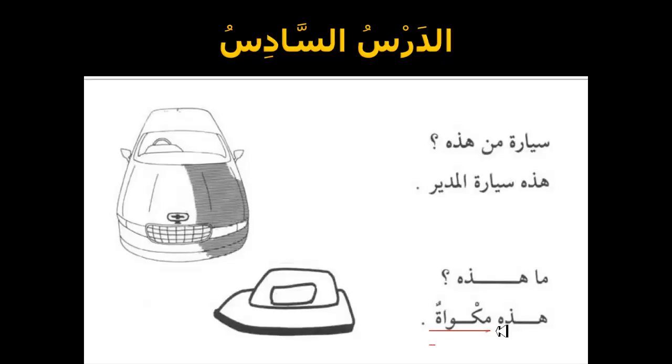This is mikwatun, and this is feminine. We know this from first in the question. Look, ma hadihi. Whenever we ask a question about something, that should also be feminine depending on the object we're asking about. In this case, it's an iron. Mikwatun is feminine, so therefore ism ishara must be feminine.